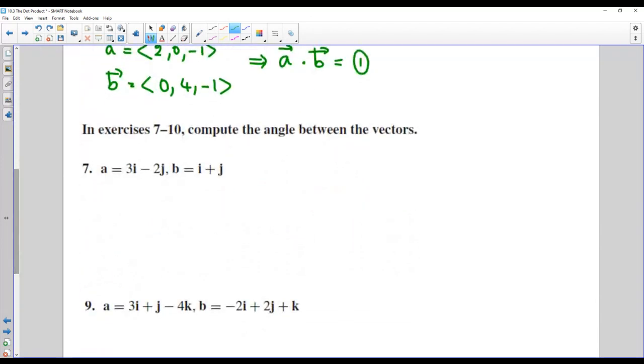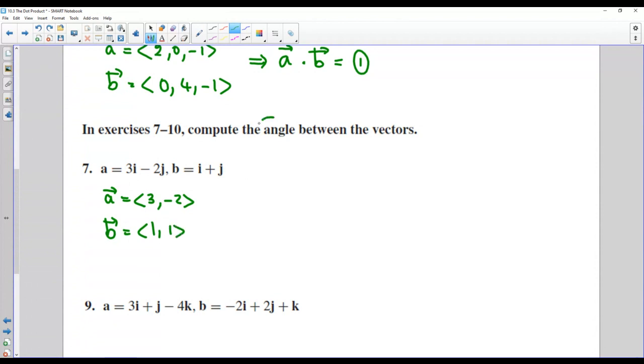Now, angle between the vectors. Let's have a look at one of these examples. Let me do it for 7, and then I will leave you the others. So A is 3, minus 2. B is 1, 1.